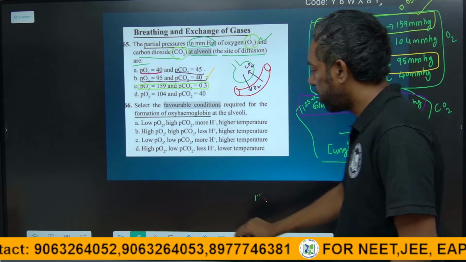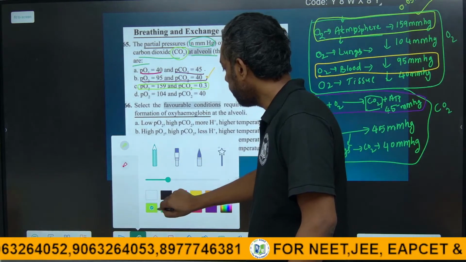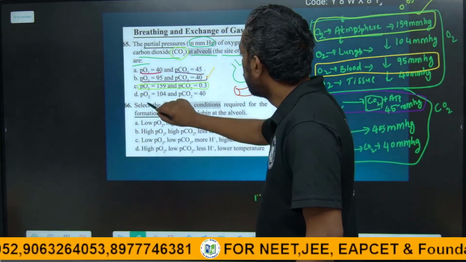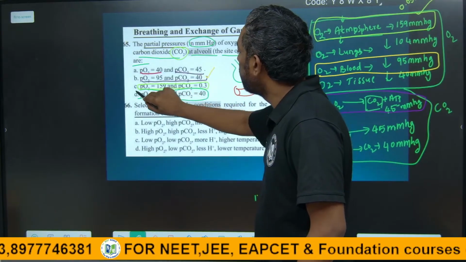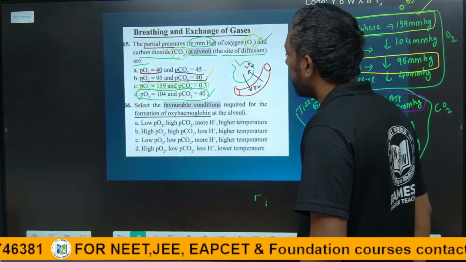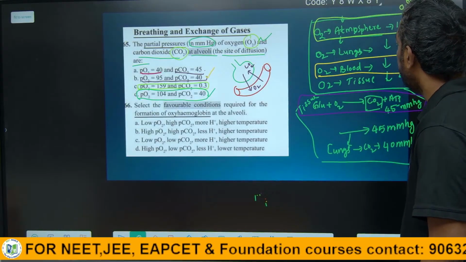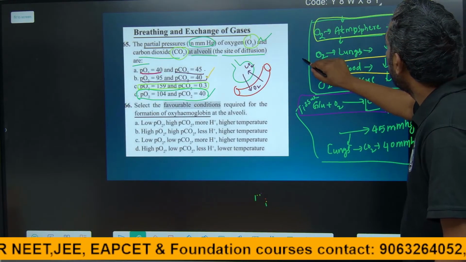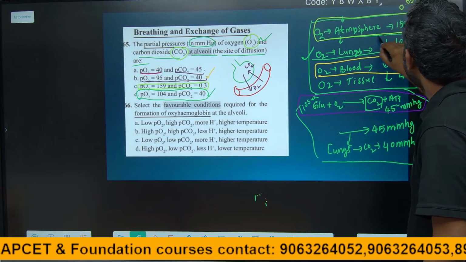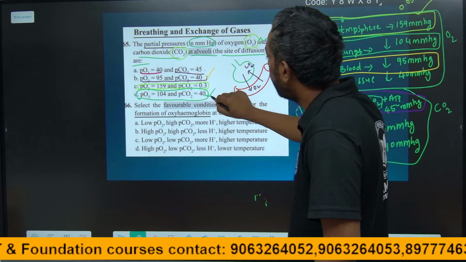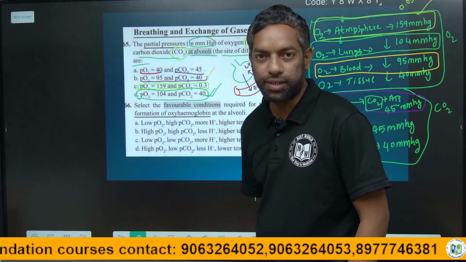The fourth option, guys: the partial pressure of oxygen is 104 mmHg and carbon dioxide is 40 mmHg. This is in the lungs. This is the answer, guys. The answer is the fourth one, D. Okay?